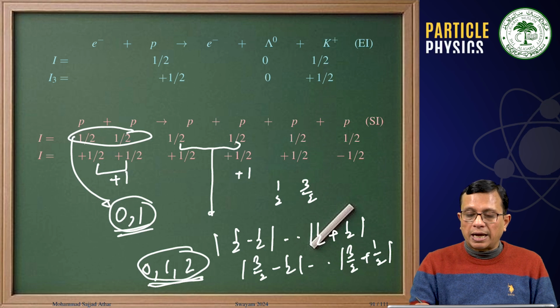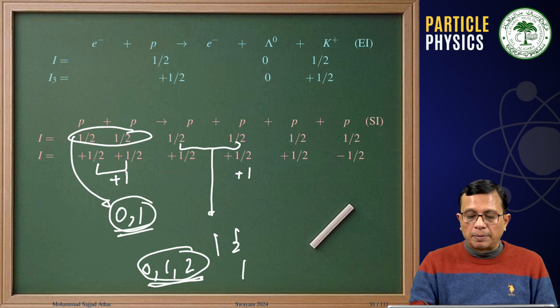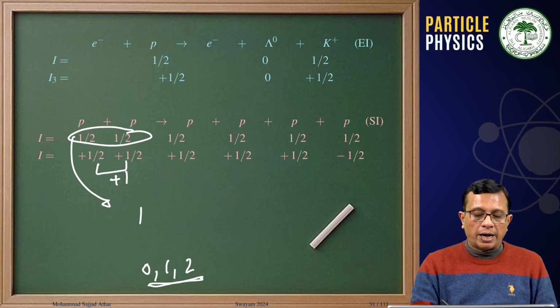This is an important catch to understand how we take care of the different isotopic spins of the particles and then sum them to get a net I or a net I3.